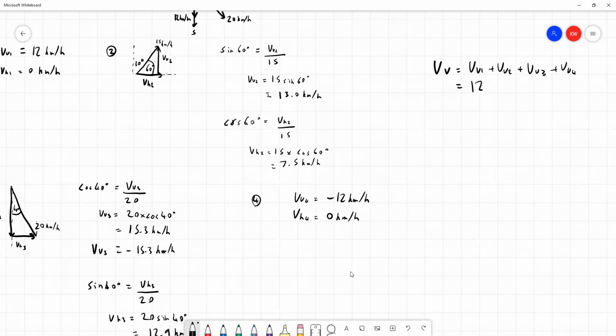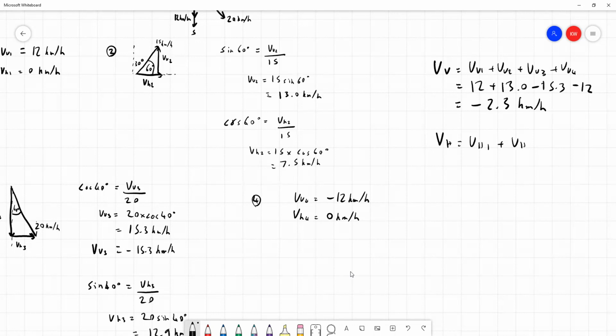The VV1 was 12, VV2 was 13.0, VV3 was, well, take away that plus, it was minus 15.3, and VV4 was minus 12. And if we add all of those up, we're left with minus 2.3 kilometers per hour, 2.3 kilometers per hour heading south. The same for our horizontal velocities.